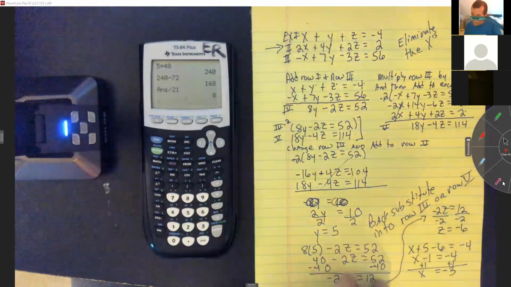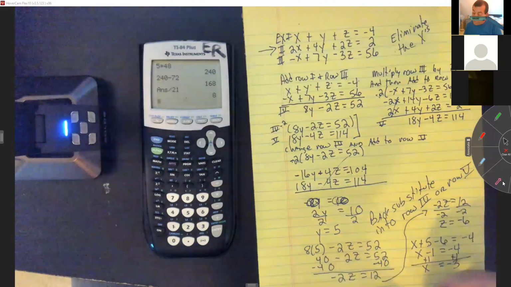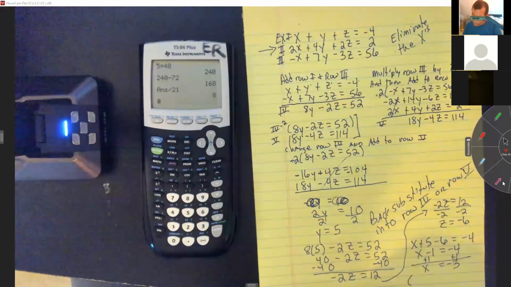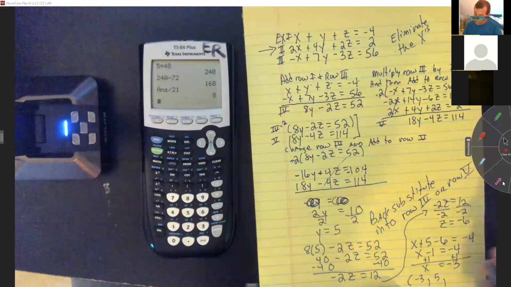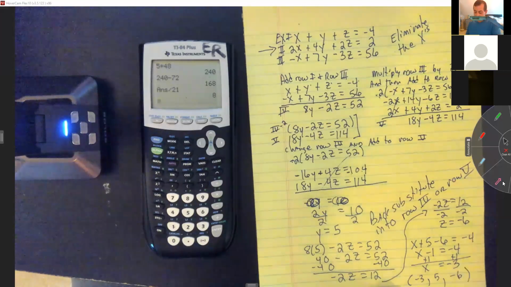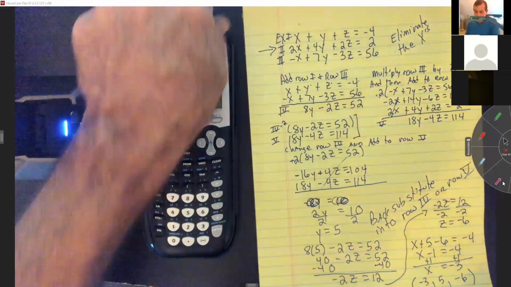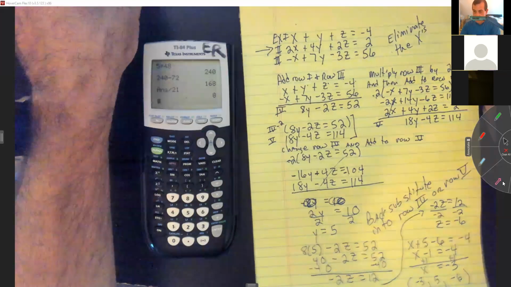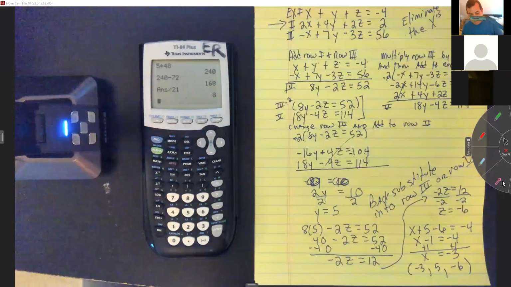Now, since I had 3 parts of this, this will be an ordered triple: x first, which was negative 3, y, which was 5, and then my z, which was a negative 6. So those are fun, right?